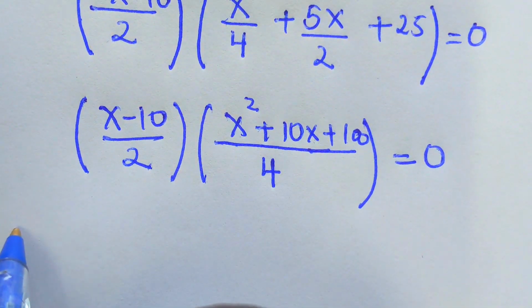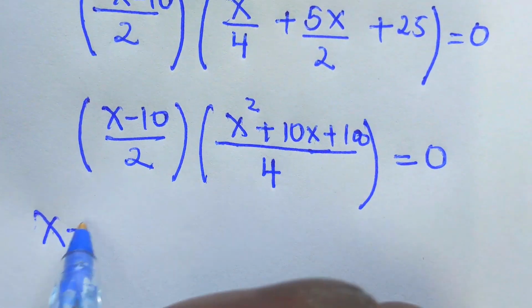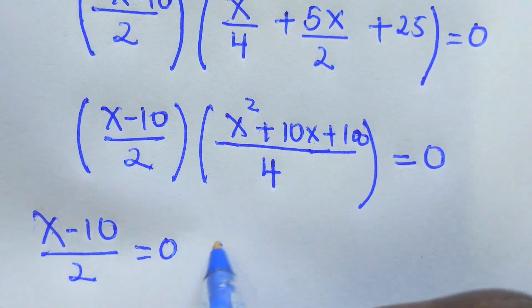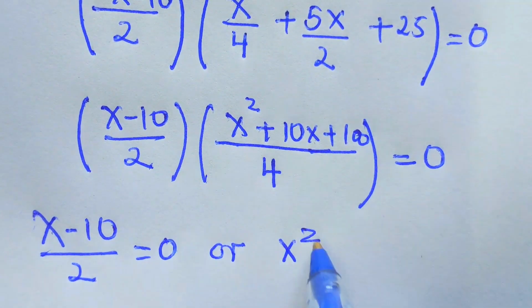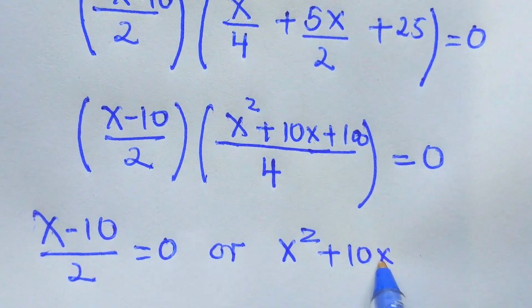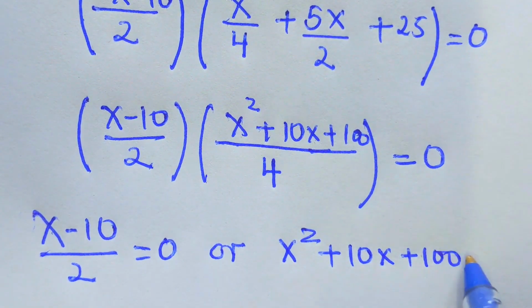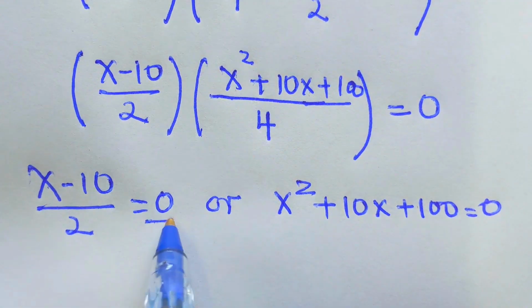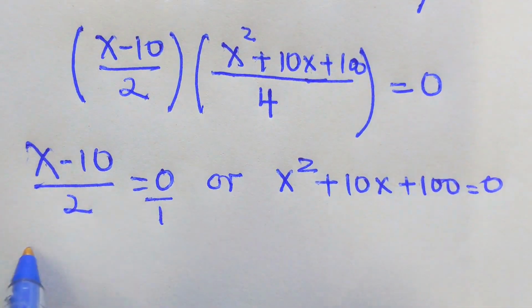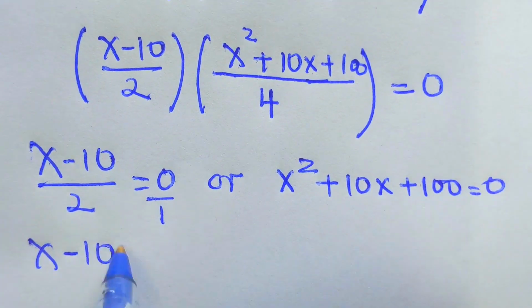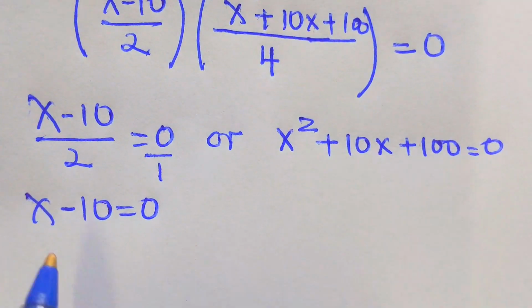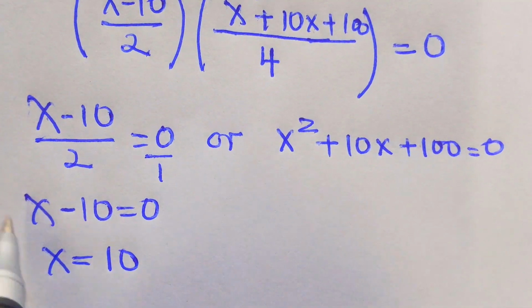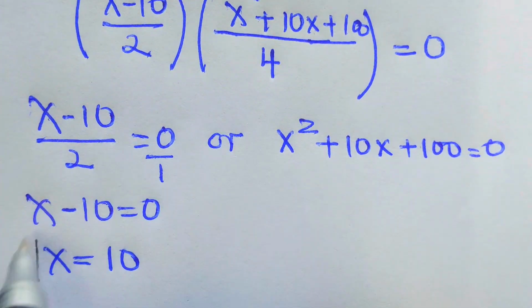Then we say (x minus 10) over 2 equals 0, or x squared plus 10x plus 100 equals 0. At this stage, by cross multiplication, we get x minus 10 equals 0, so x will be 10 as our solution.